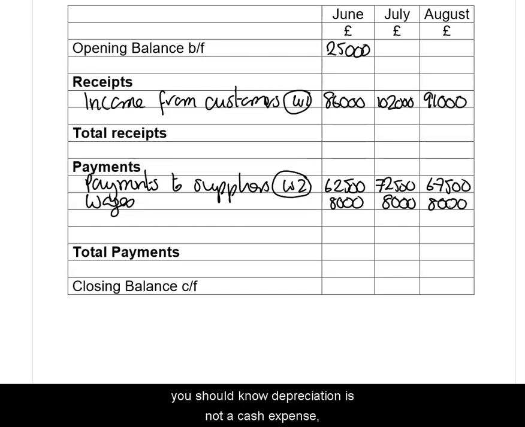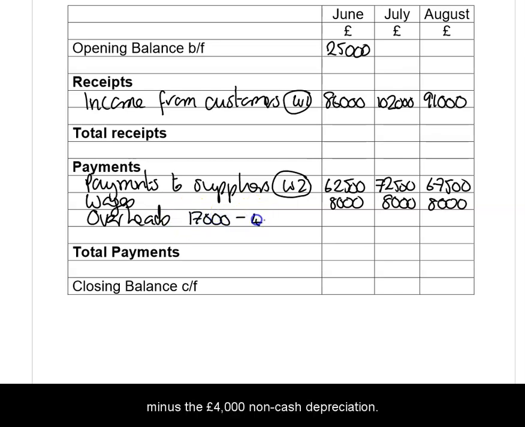And as you should know, depreciation is not a cash payment, it's not a cash expense, it's an accounting expense. So we're going to put in our overheads, and we're going to put our 17,000 minus the 4,000, and that will be 13,000.